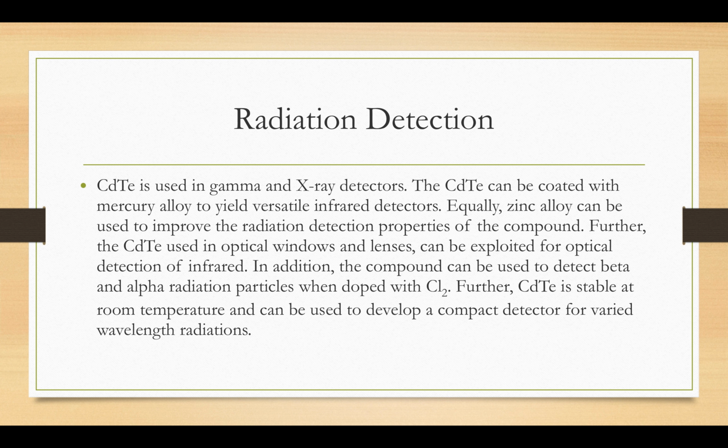Furthermore, the cadmium telluride used in optical windows and lenses can be exploited for optical detection of infrared. In addition, the compound can be used to detect beta and alpha radiation particles when doped with Cl2. Furthermore, cadmium telluride is stable at room temperature and can be used to develop a compact detector for varied wavelength radiations.